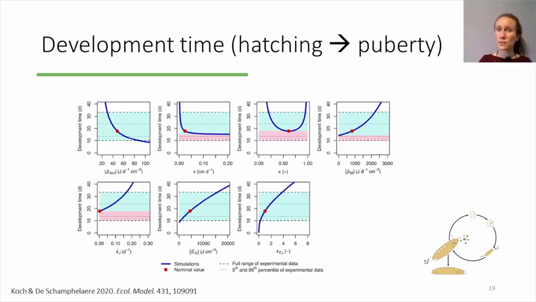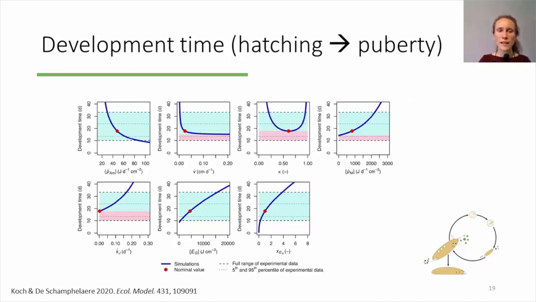So the relationship is reversed, it's negative. So it takes you less time to reach the same stage with a higher PAM. And we have the reversed relationship with the different costs, like PM or kg, for example.